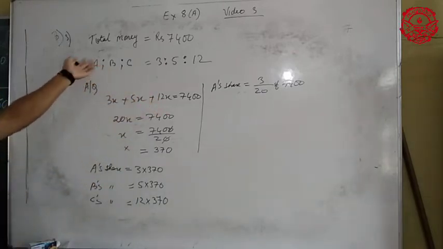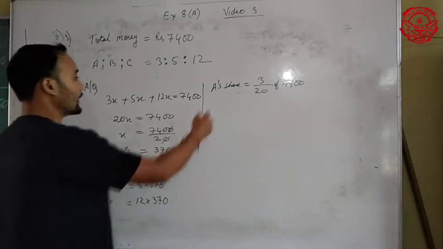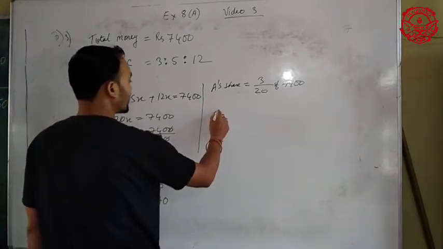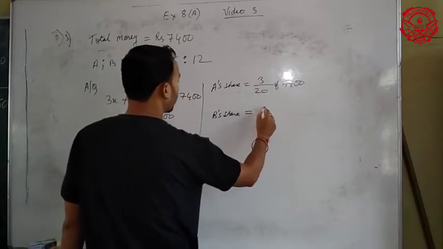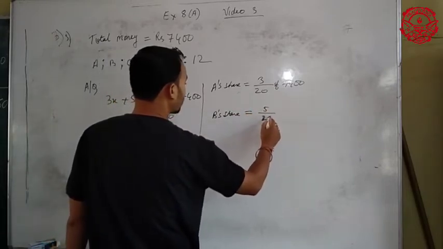Or you can go with the other method, like I have shown you in the example part. A gets 3 by 20 of 7400, B gets 5 by 20 of 7400, and C gets 12 by 20 of 7400. Same answer is coming, but the approach is different.